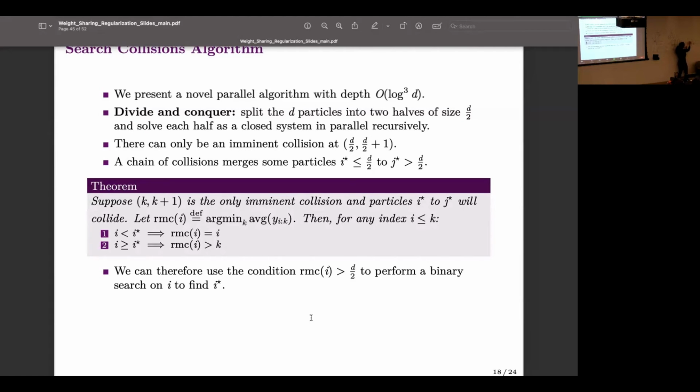If it is itself, it means that it's not in the big cluster. So for this one, the rightmost collision of this ith particle is exactly itself. If the rightmost collision of this particle is some number greater than d divided by 2, it means that it is in this big cluster in the middle.